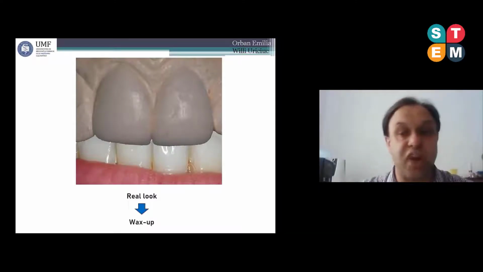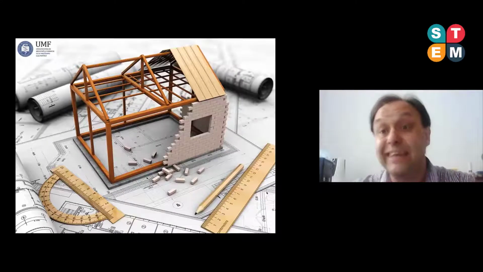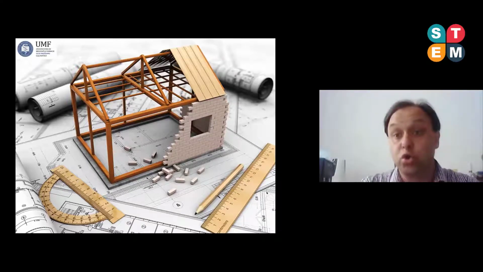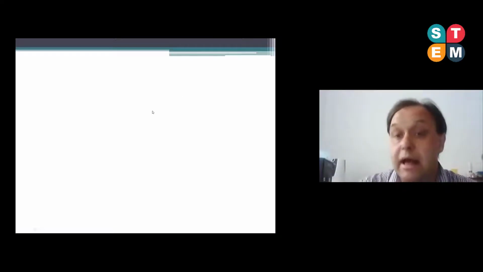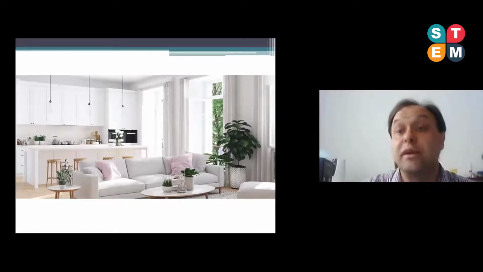We extract the shape and the form and the volume of the central incisor, and after that, with the golden key, we go to the teeth that we can reconstruct in the oral cavity. Like a house, we need to build for a resistant time.